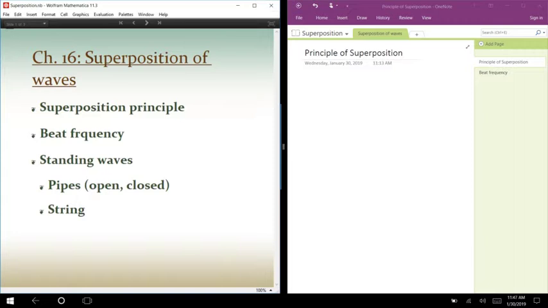Okay, so superposition principle. This is actually a very general principle in physics.